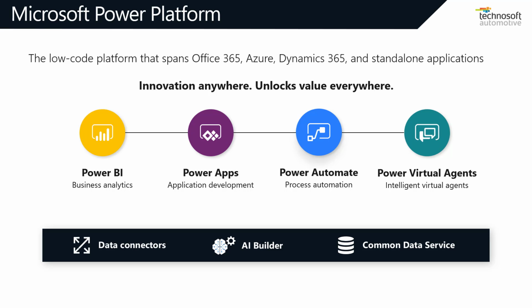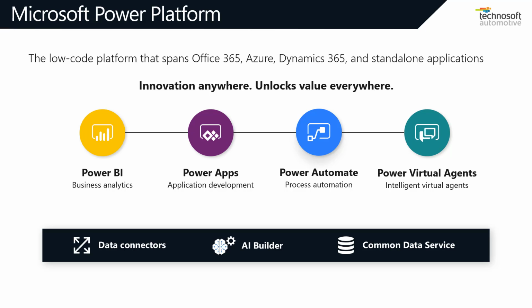All of these are powered by common components like Common Data Service, data connectors and AI Builder. So it provides a single integrated solution to solve enterprise application development needs in a very fast and rapid way. And it can be built by a professional developer, IT pro, or a citizen developer like a business user inside the company.